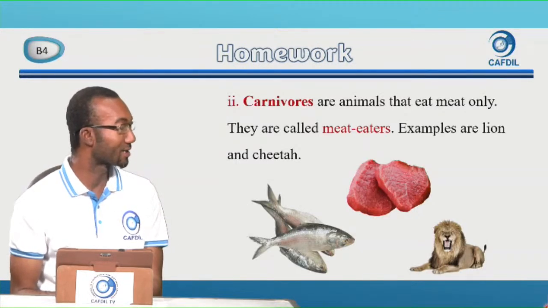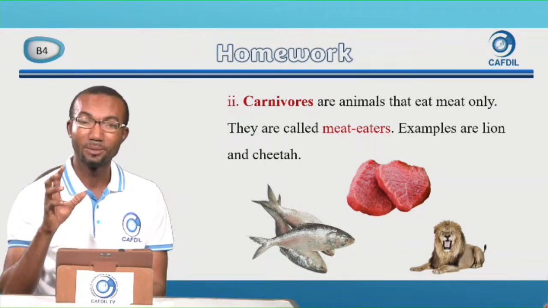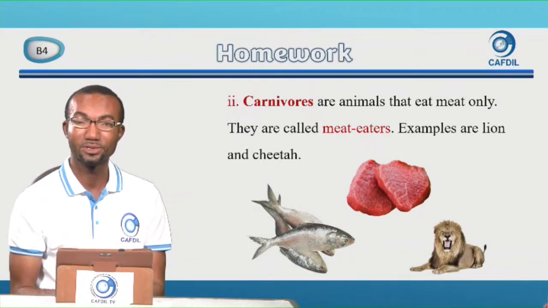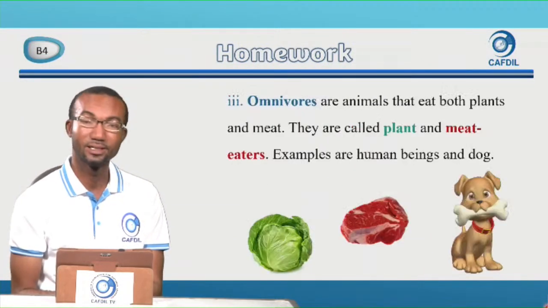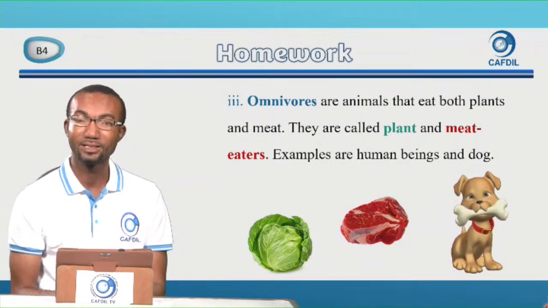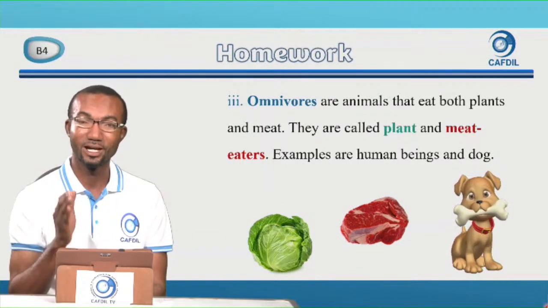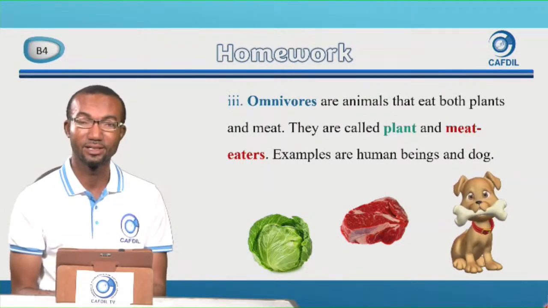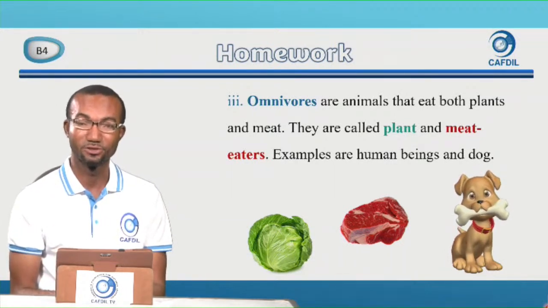Carnivores are animals that eat meat only, and because of this they are called meat eaters, and examples are lion and cheetah. And then the last one, omnivores, are animals that eat both plants and meat, and because of this they are called plant and meat eaters, and examples are human beings and dog.